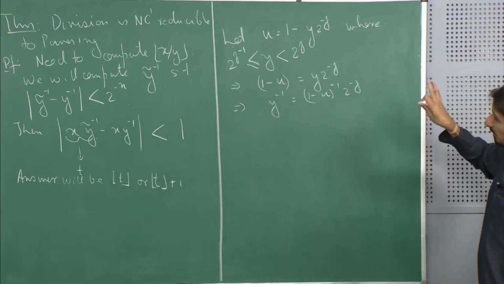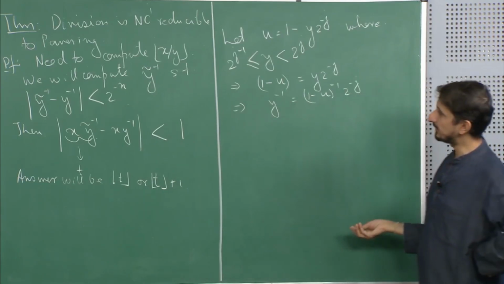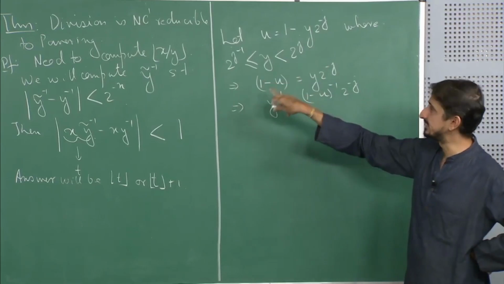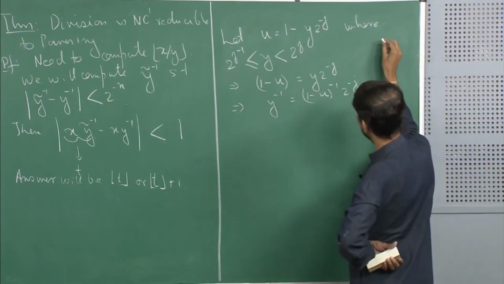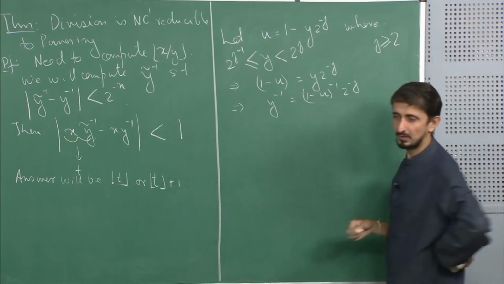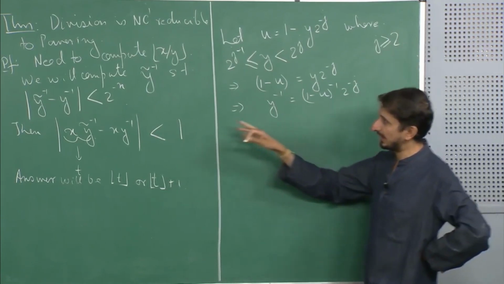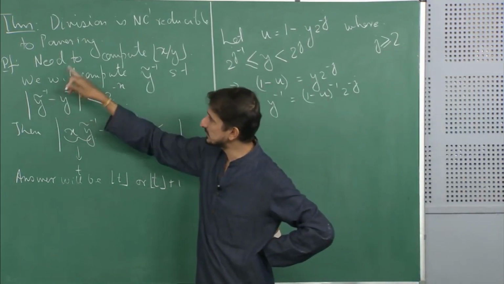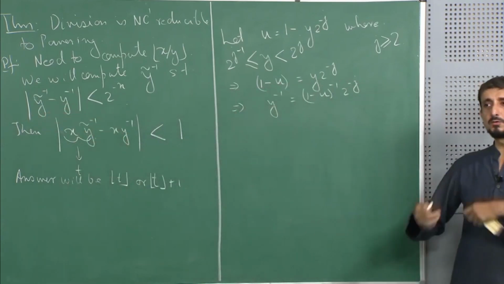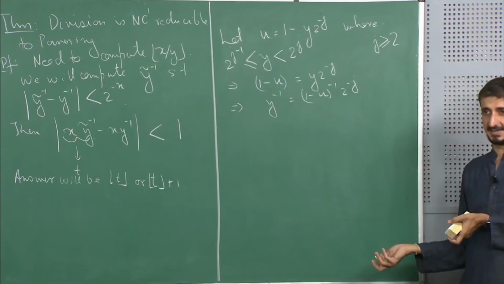One more thing, a small technicality but important: what is the smallest value of j? Observe that j is at least 2. Why? That depends on y. What is the smallest y that can be there? Note that y is greater than or equal to 2, because if y is 1, then the answer is x.